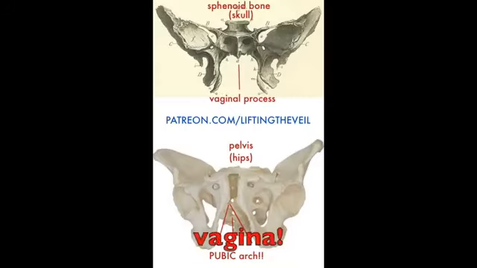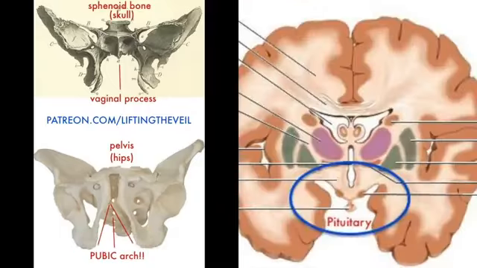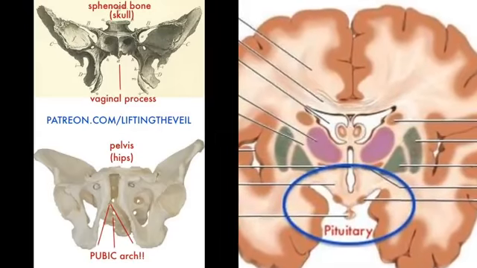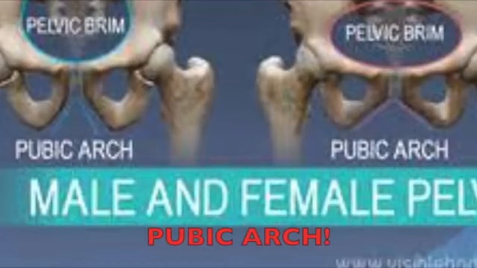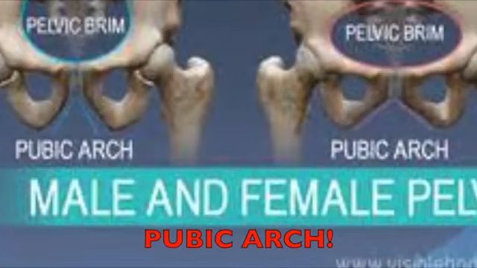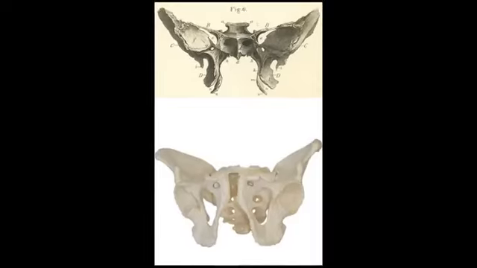And in the pelvis, the vaginal process would sit at the exact corresponding point. And notice you can even see the two different bone structures also have similar foramen in corresponding locations.